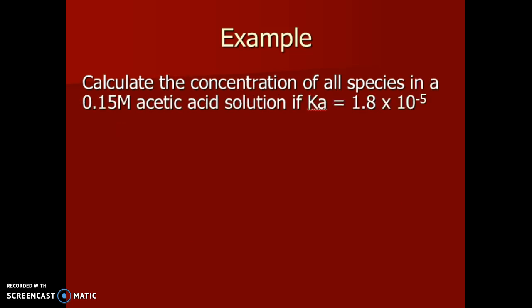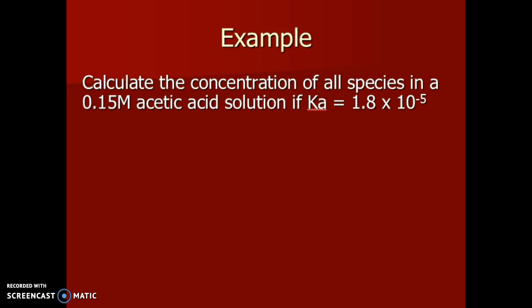Let's again calculate the concentration of all of the species, in other words, all of the ions, in a 0.15 molar acetic acid solution, and we're provided with the K value. Now this is also an important thing to note. When they take the time to actually bother to tell you what the acid or what the base is in the problem, that is a very sneaky way of providing for you the K value.